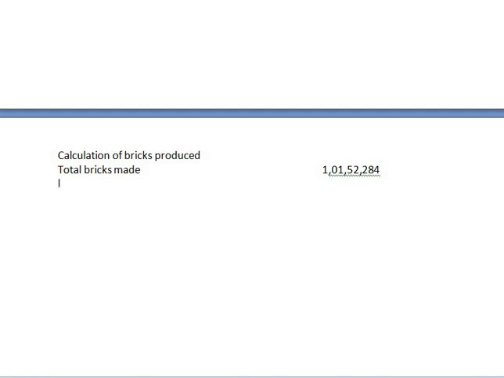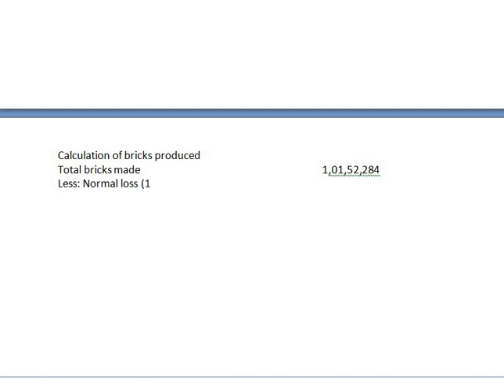Now from this we need to deduct less normal loss. Normal loss is 1.5% of bricks produced. In bracket you can show the calculation.